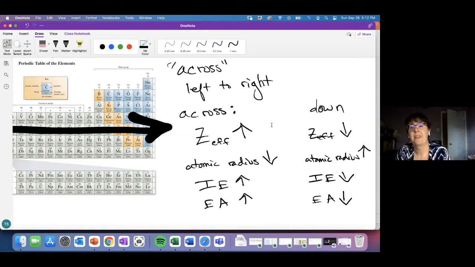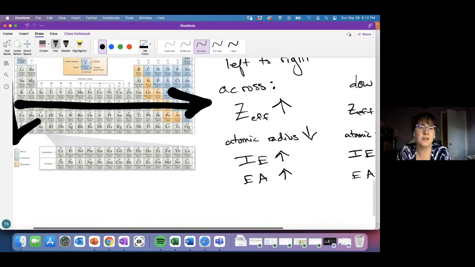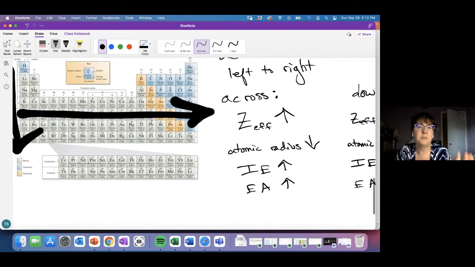That's right. So these are, in general, the trends. Notice that a lot of them all go together. Atomic radius is the one that usually stands out. Realize, though, that this idea that my atomic radius is opposite should actually make sense, because as we go across, my nucleus is better at holding on to the electrons.